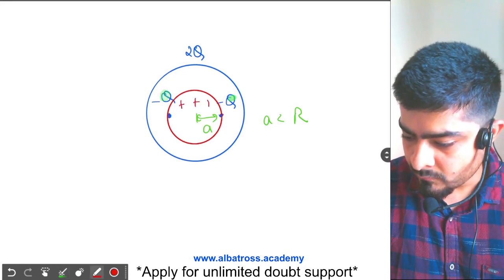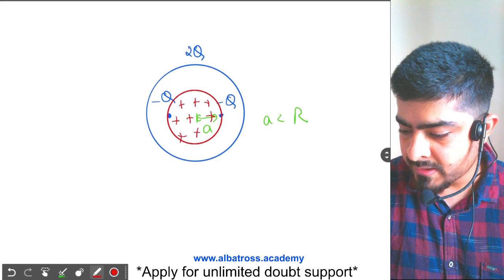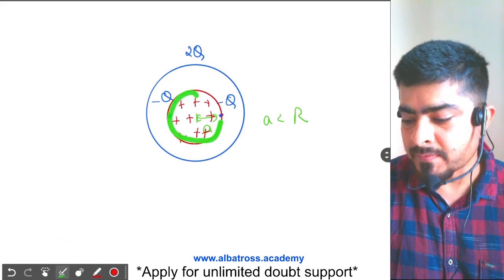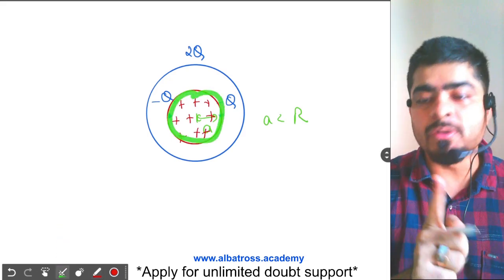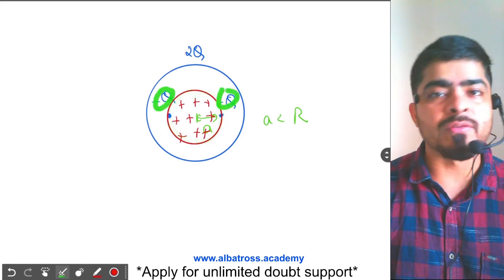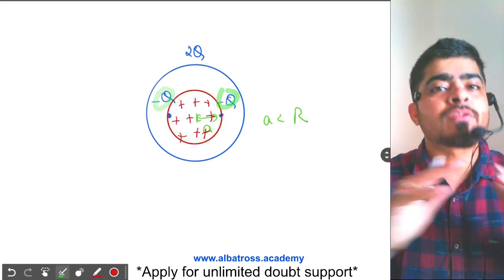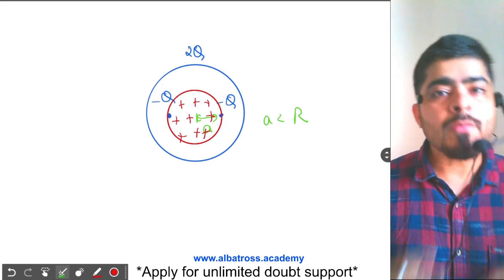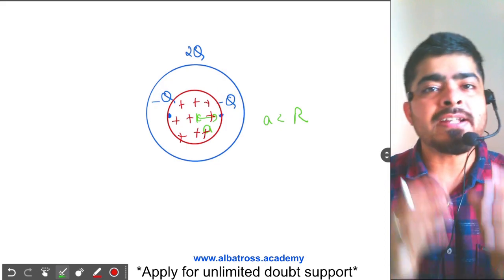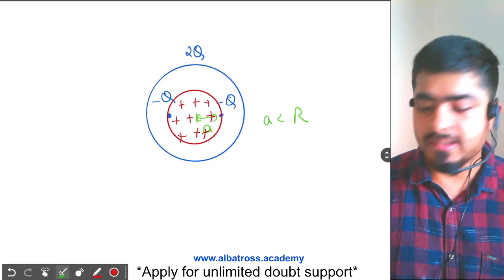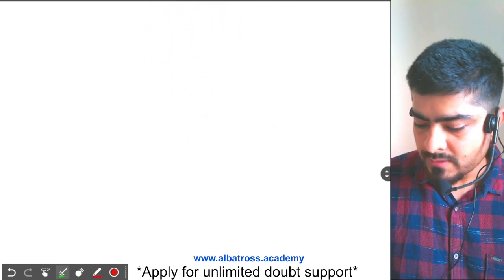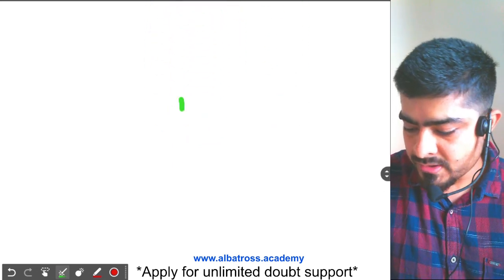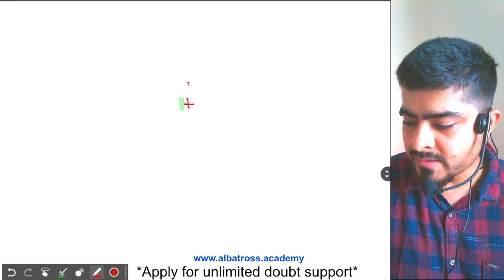Whatever positive charge is present inside this sphere, only that will apply force on these two negative charges. The charge outside this red colored sphere is useless. So first of all, using the equilibrium condition, let's find the total charge inside this red colored sphere. The sphere will behave like a point charge. Let the point charge be small q.